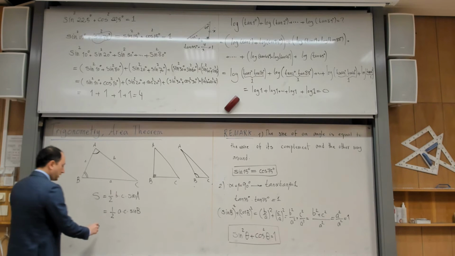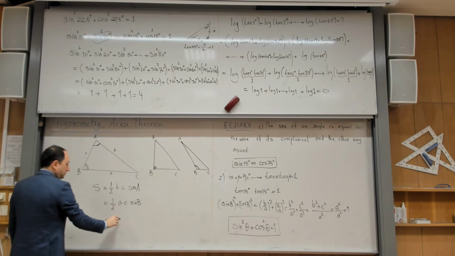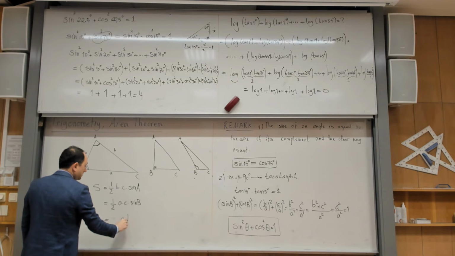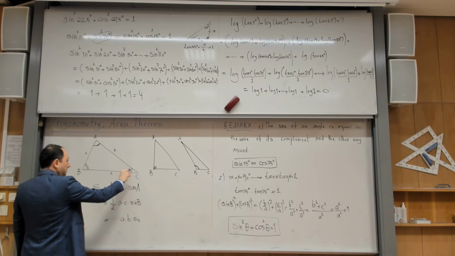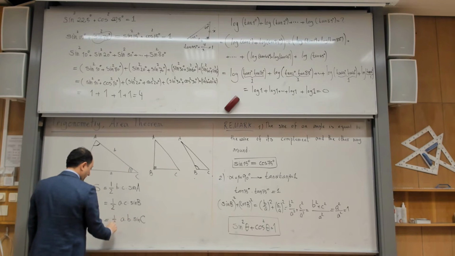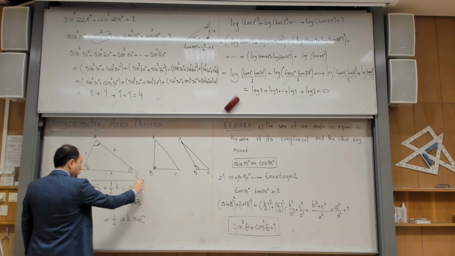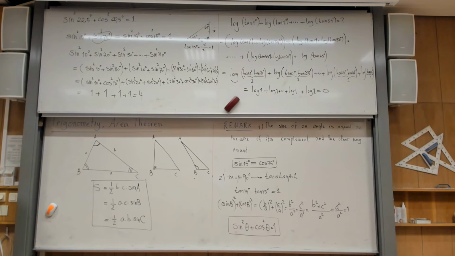Or, of course, I can do it with these two pairs. So I multiply A and B together, and multiply by the sine of the angle included by those sides, in this case C, and then it becomes 1/2. So this is the content of the area theorem. That's it, simple as that.